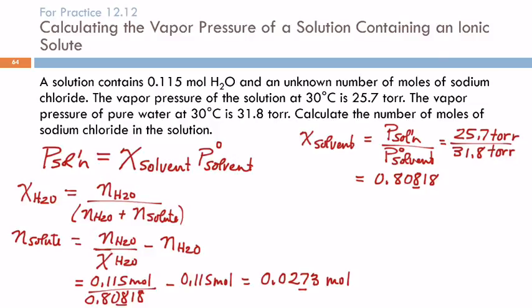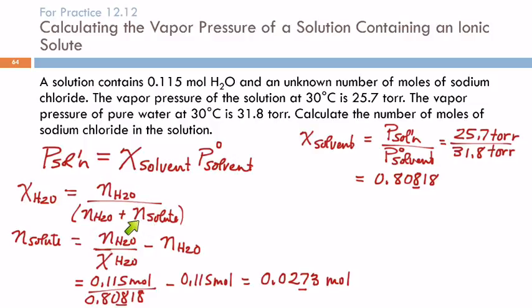The solution, remember we're talking about ionic compounds, we're talking about electrolytes, and this is sodium chloride. When sodium chloride dissolves in the water, what does it do? It separates into ions. It's the number of particles of the solute that are important. So here, I purposely did not call that NaCl.